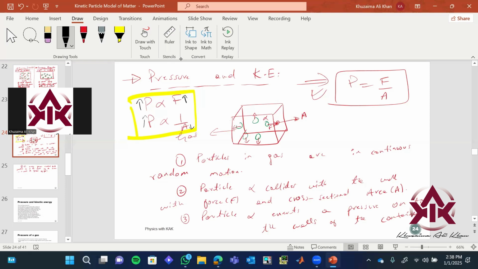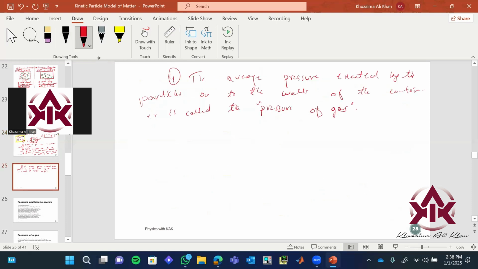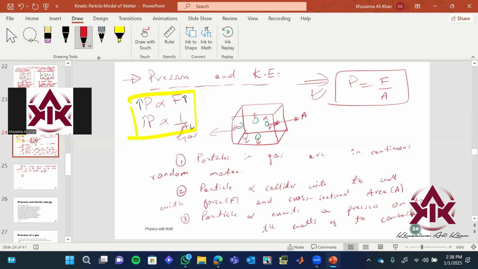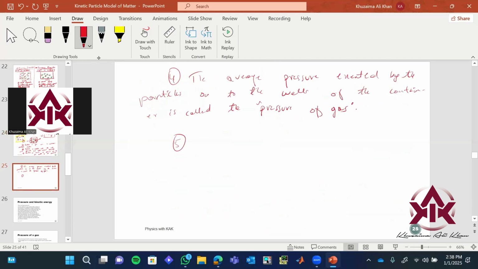I just want a greater number of collisions with the wall. If I have a greater number of collisions with the wall, that will give greater pressure, right? So we have the relation of pressure and kinetic energy. Let's say I increase the temperature.